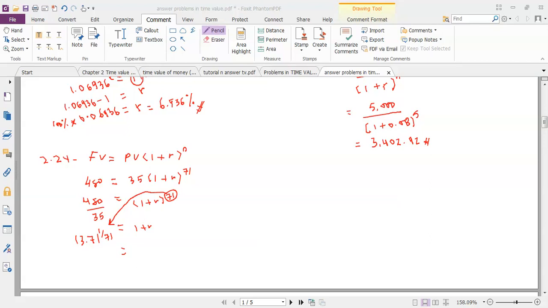So you type lah. Okay, 13.71. Okay, and then the power of, okay, the power of 1 over 17 kan. So kita bahagi, buat kurungan itu. Okay, bracket. You put the bracket there. Okay, and then 1.